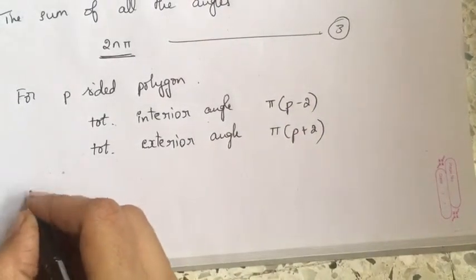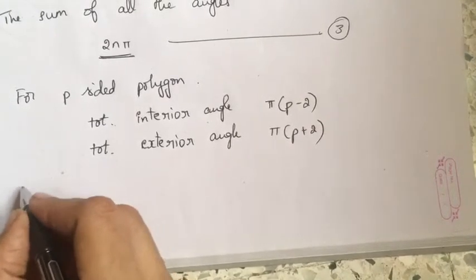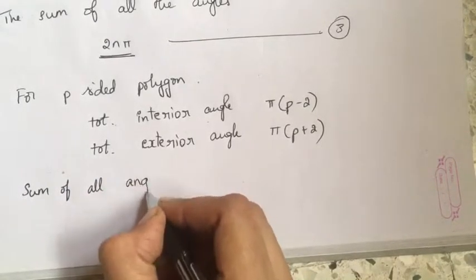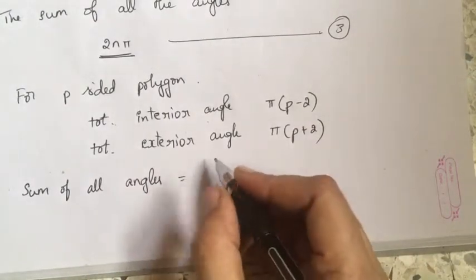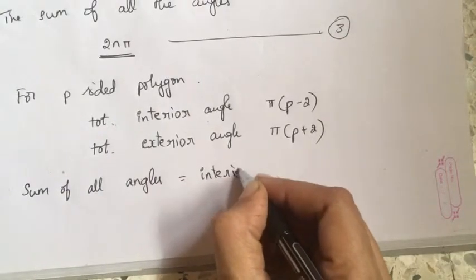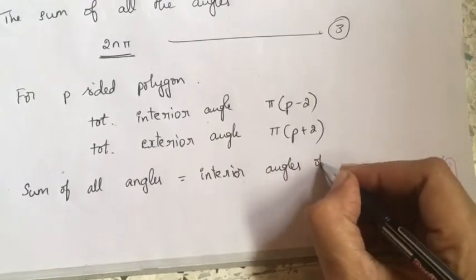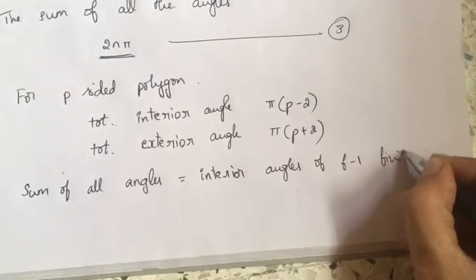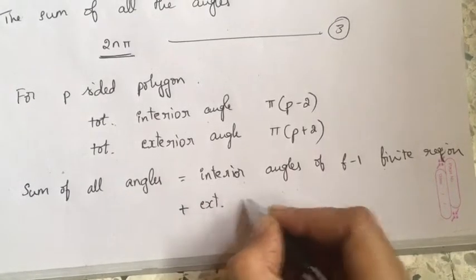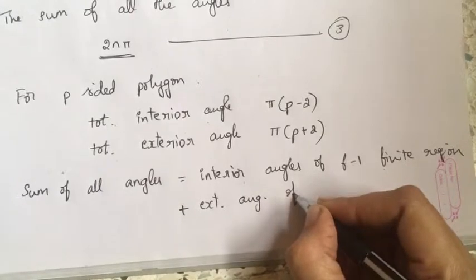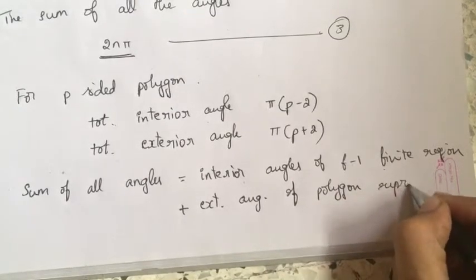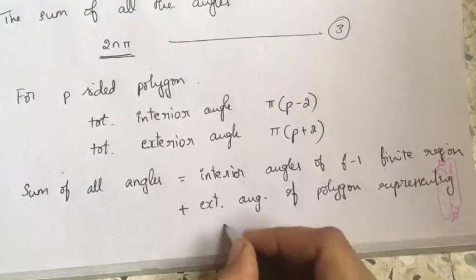So I'm writing the sum of all angles as the interior angles of f minus 1 finite regions plus the exterior angle of the polygon representing the infinite region.